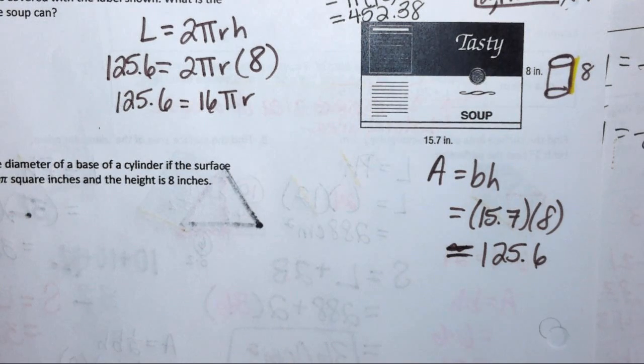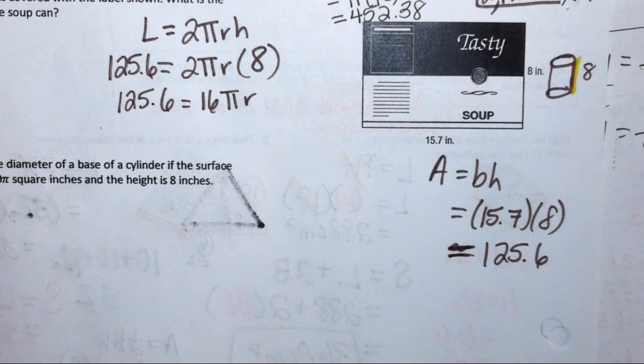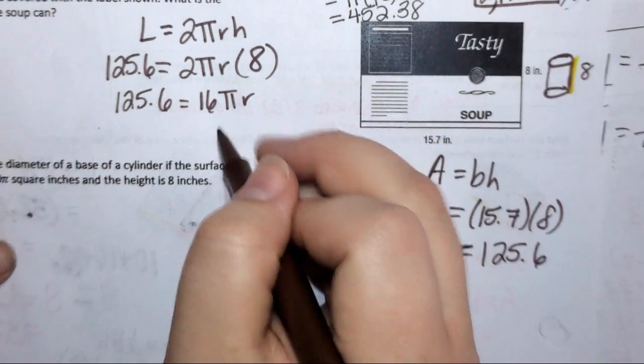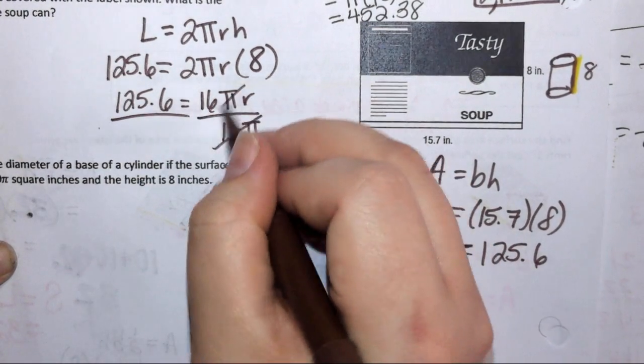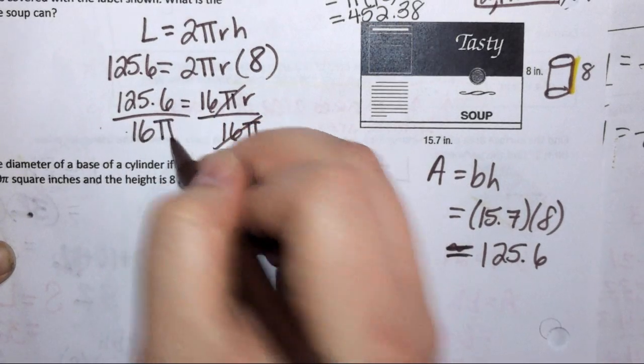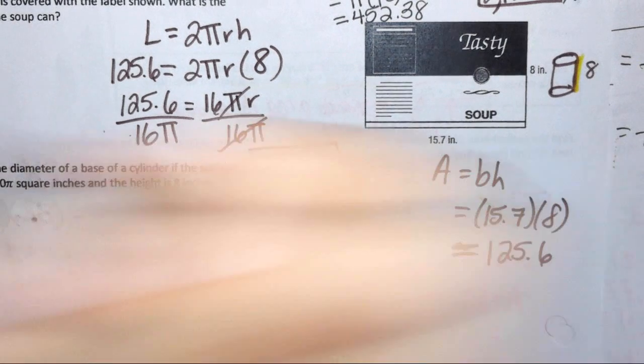Because I did 2 times 8 and got 16. And now everybody who's not r has got to go. So I'm going to divide both sides by 16 pi. When you type that in the calculator, you should be able to give me the radius of that soup can.